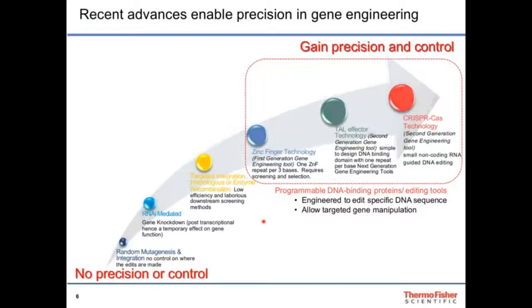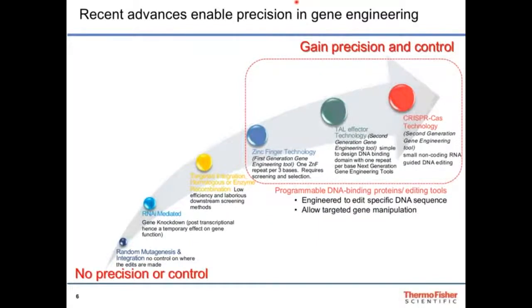So the summary of this slide is basically we've had a very, very rapid evolution of tools, especially in the last 6 to 8 years, to create solutions that allow the researcher to create specific double-strand breaks in the genome, to which we can use other tools to engineer themselves.